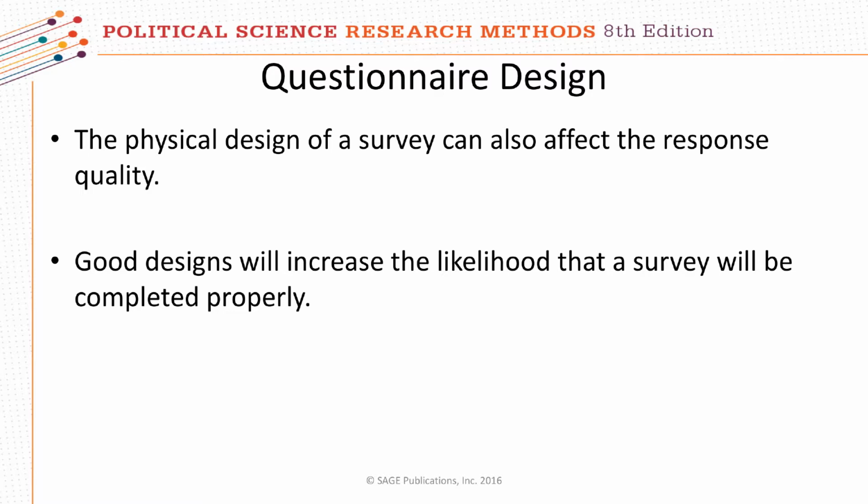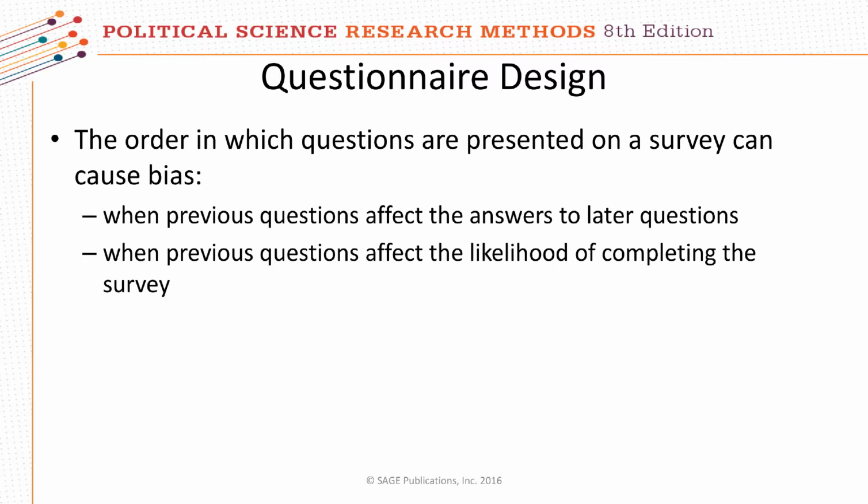Good designs will increase the likelihood that a survey will be completed properly. So you want to make sure that your questions are written clearly. You want to make sure they are structured in an informative and thoughtful way. And you want to make sure that you're asking similar questions at similar times while trying to not bias the responses your respondents are giving.